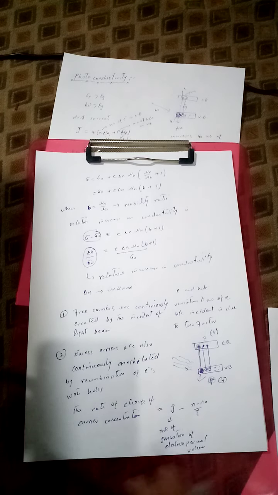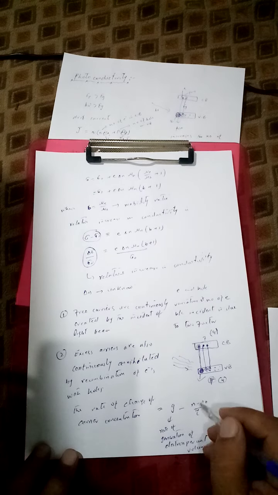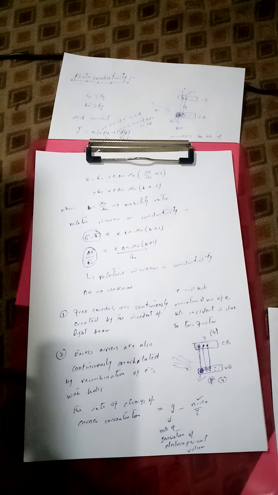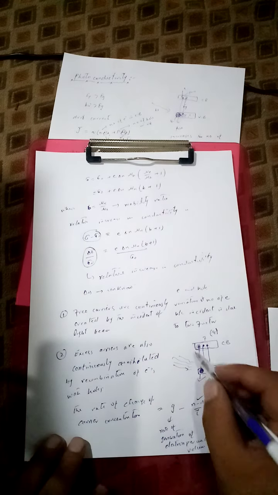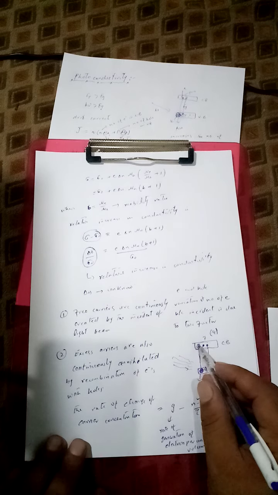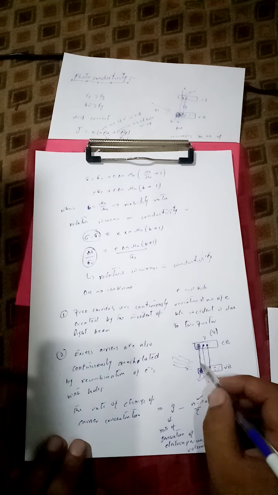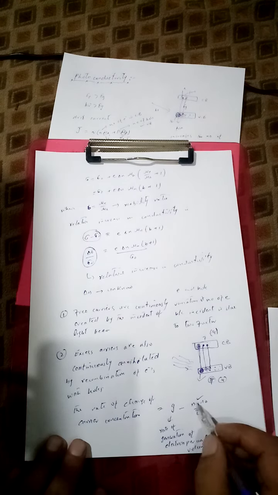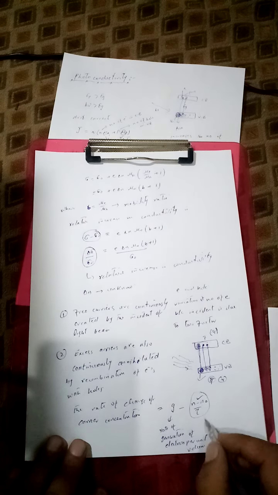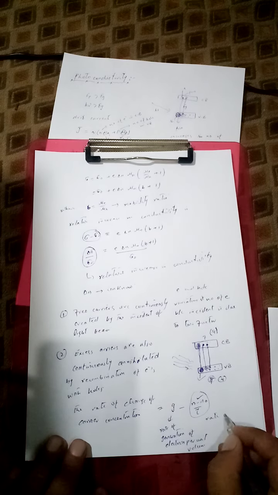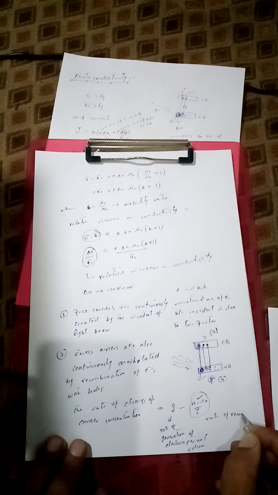And the second term on the right describes the rate of recombination of electrons, like how many electrons recombine with holes in a unit time.